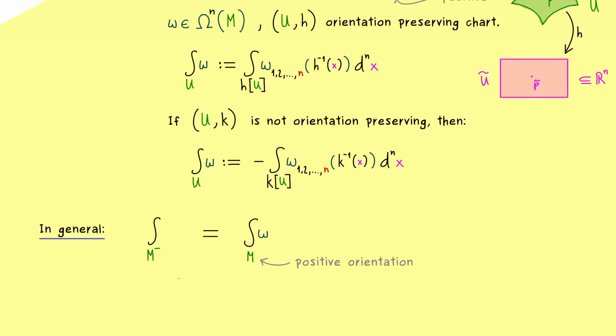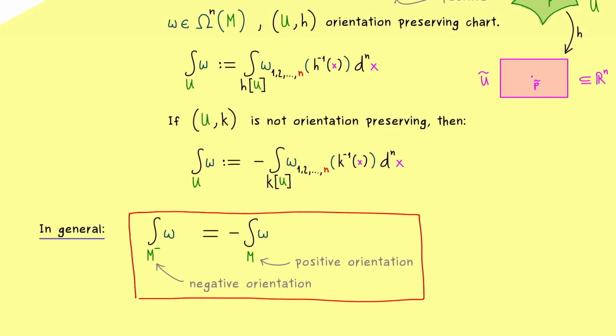And to make this clear, I just put a minus sign here to M. And then if we don't change the volume form omega, then we already know that we introduce a minus sign in the integration. Therefore, flipping the orientation of the manifold just means that the integral gets a minus sign. So this is something you can remember for the future, because sometimes orientations get flipped.